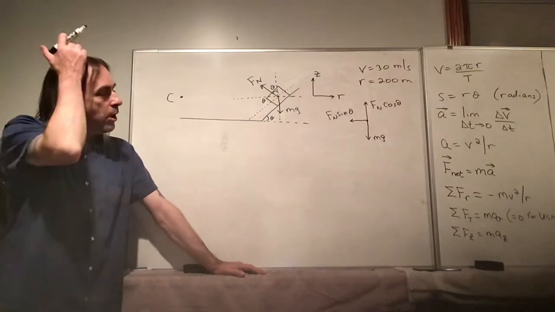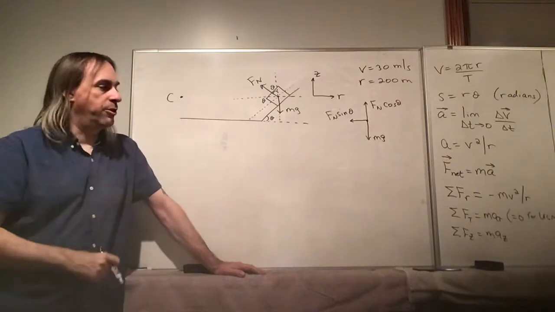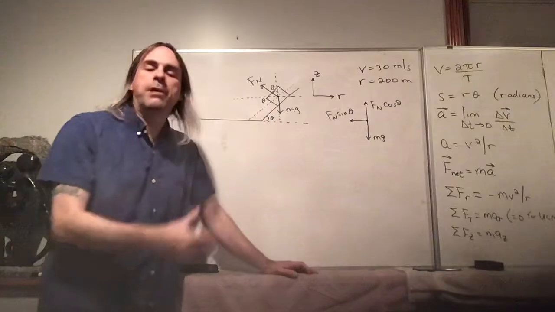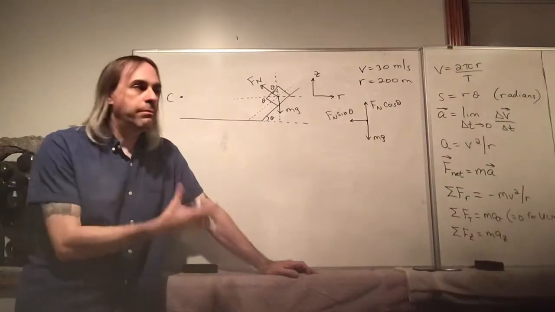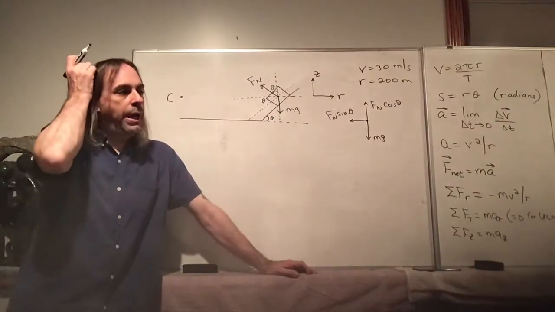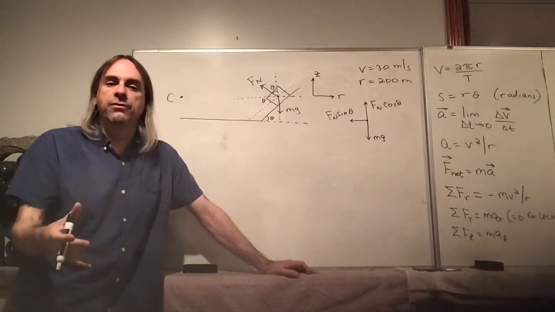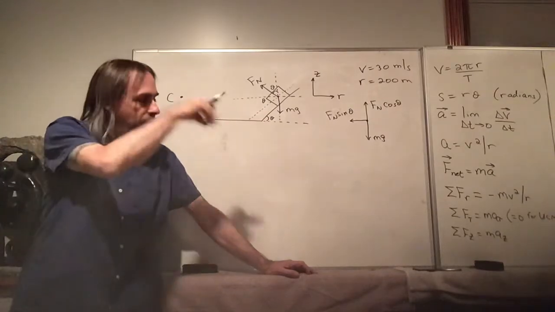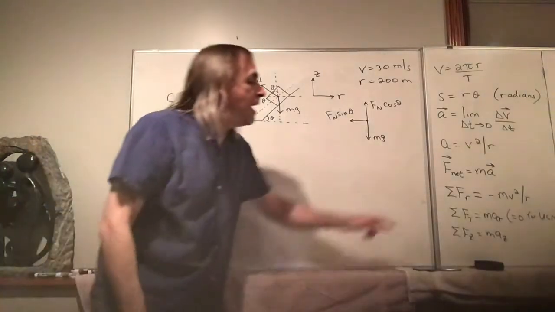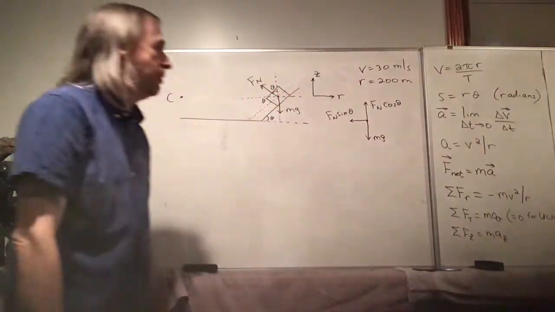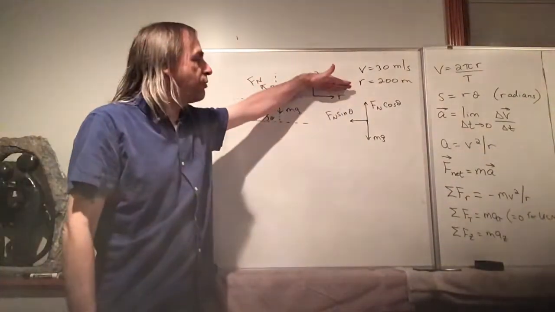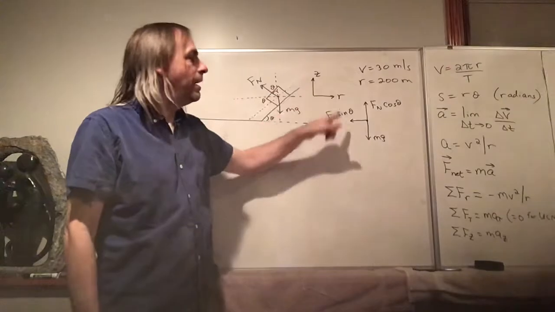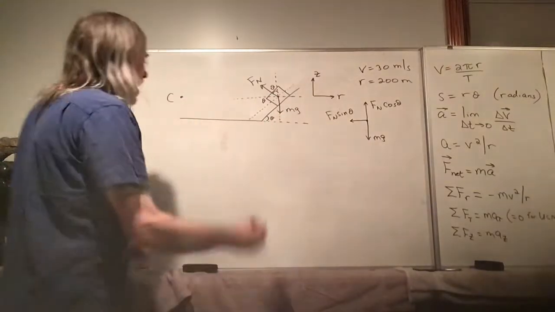So to start out with, we're going to look at the radial direction. And this is going to be a recurring theme in this chapter. After a while, we're going to get sick of doing it and stop, but we're going to just go with it. The net force in the radial direction: the radial direction is to the right, and the force is to the left.